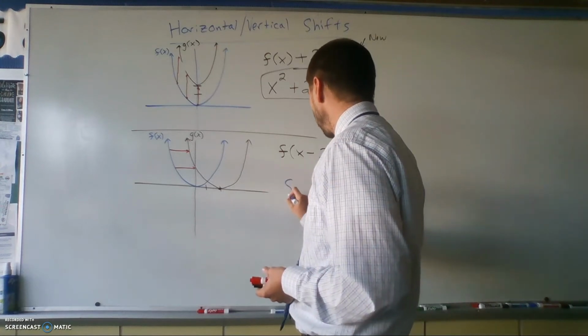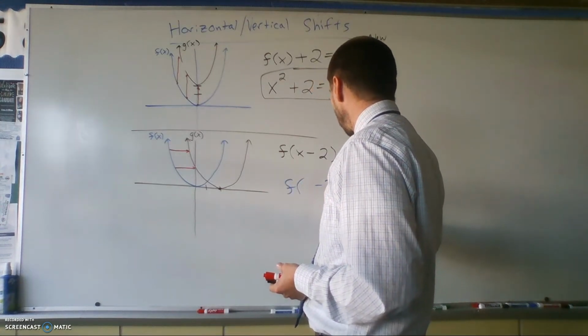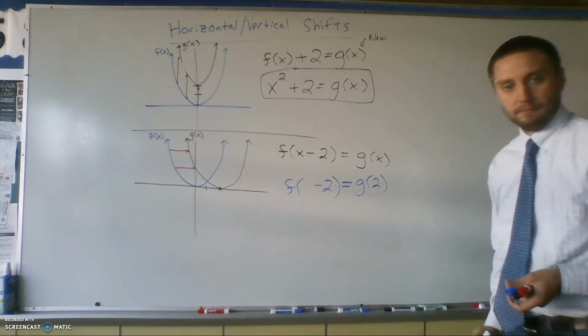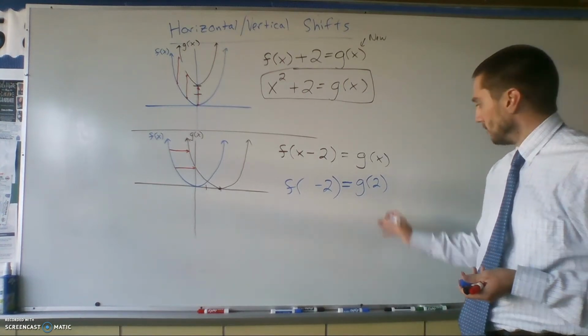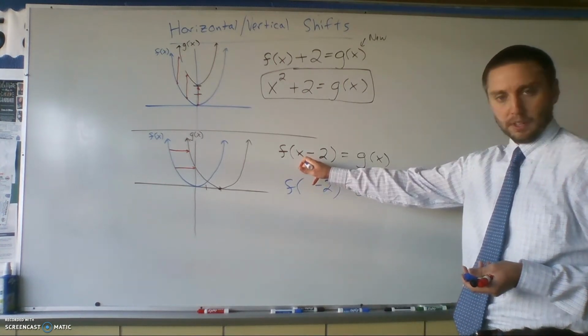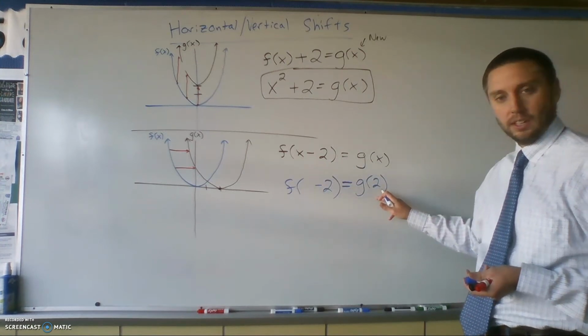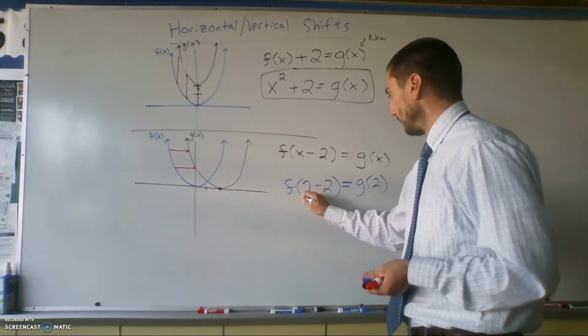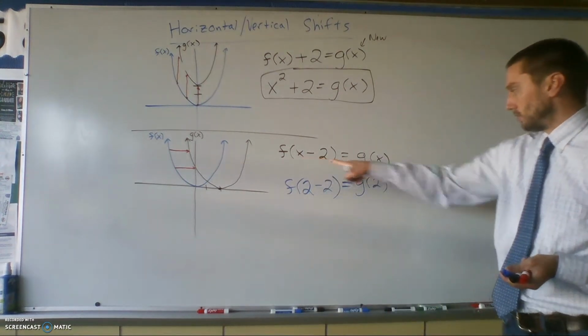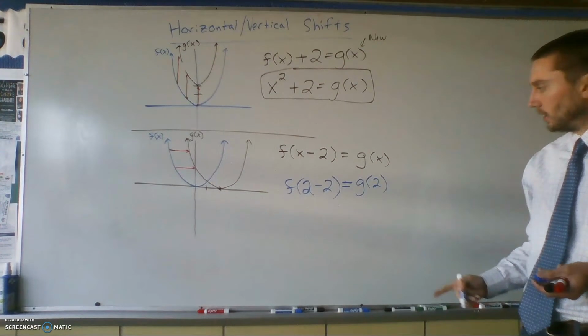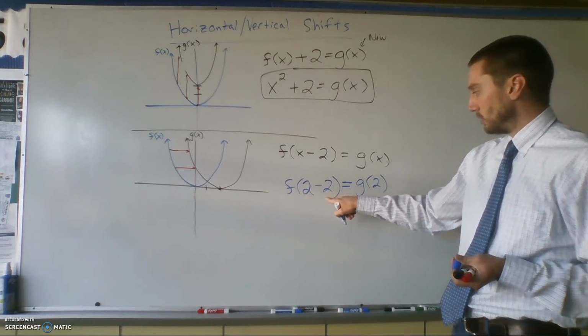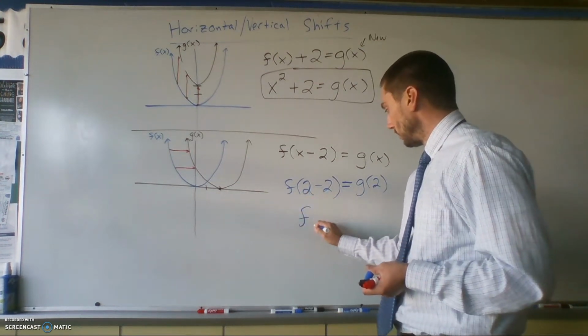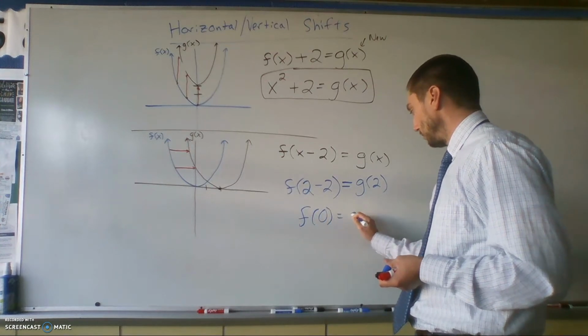G of 2 is 0, and I'm comparing that to f of something minus 2, right? So I need to know what to plug in for x here. Well, hopefully it's going to be 2, right, according to what we said. So if I plug in 2 for x here and there, we get f of 2 minus 2, which is f of 0.